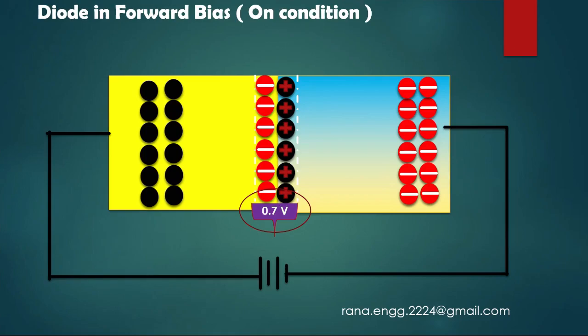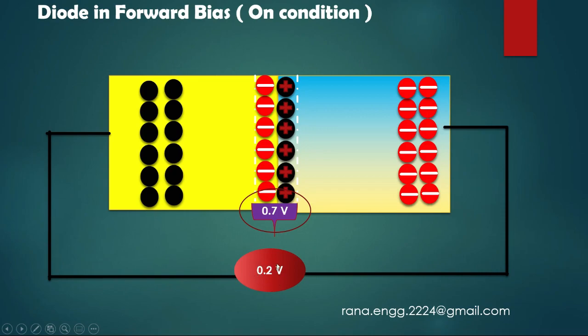Let us now see the animation based explanation for the half wave rectifier. For that, let us recall what we had discussed about diode. Diode can be operated in two biasing conditions, that is forward bias and reverse bias. In forward bias, we get some voltage applied from battery.